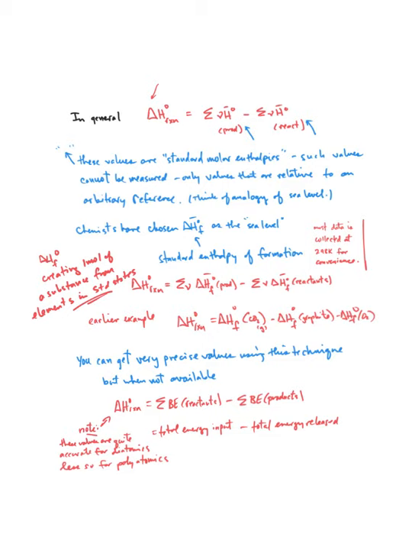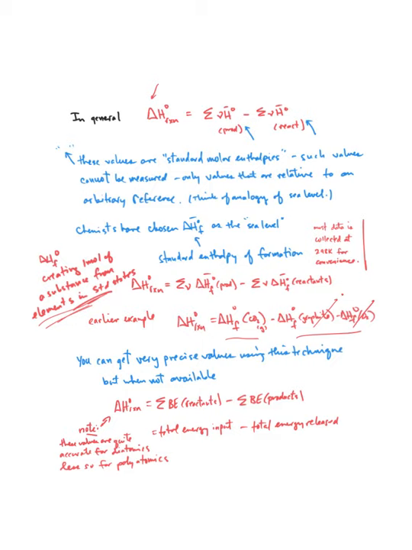So in the earlier example, the combustion of the graphite, if you want to know the delta H of that reaction, you can look up the standard enthalpy of formation of CO2 gas, the product, minus the standard enthalpies of formation of the reactants, in this case graphite and oxygen. Now by convention, or really by definition, because we're defining delta H of formation as creating something from its elements, all elements have 0 enthalpies of formation. So that makes this very easy.